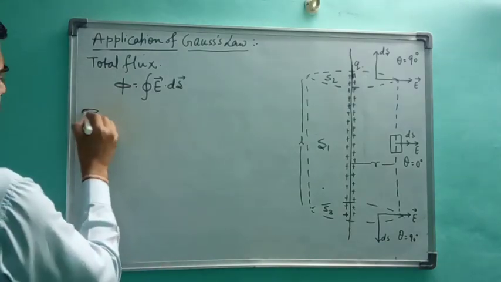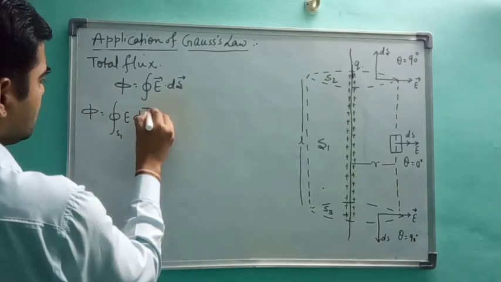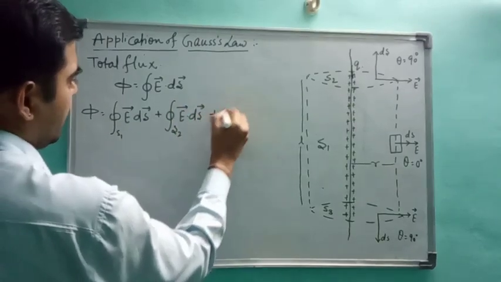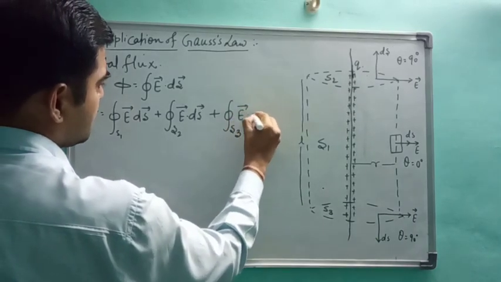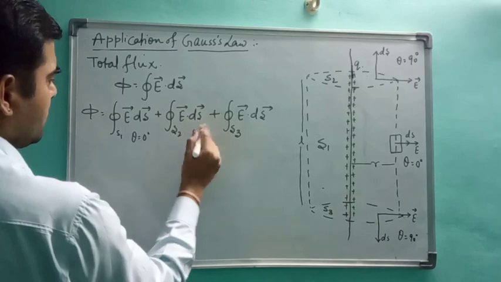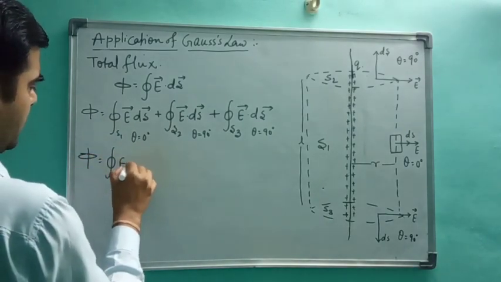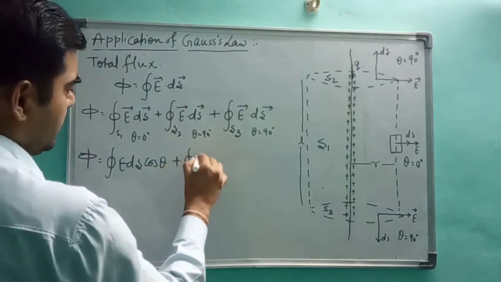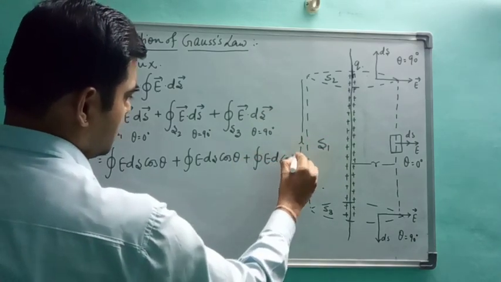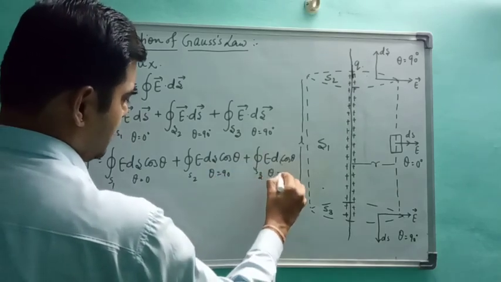So phi is equal to the sum over the three surfaces: S1 E ds, S2 E ds and S3 E ds. This gives phi equal to E ds cos theta, plus E ds cos theta, plus E ds cos theta, with S1 theta equal to 0, S2 theta equal to 90, S3 theta equal to 90.